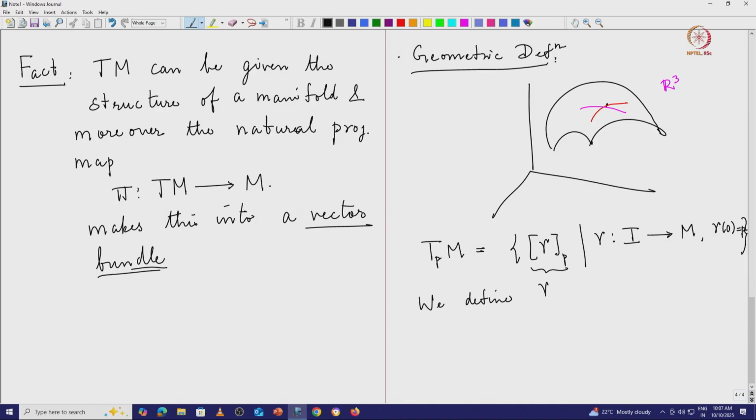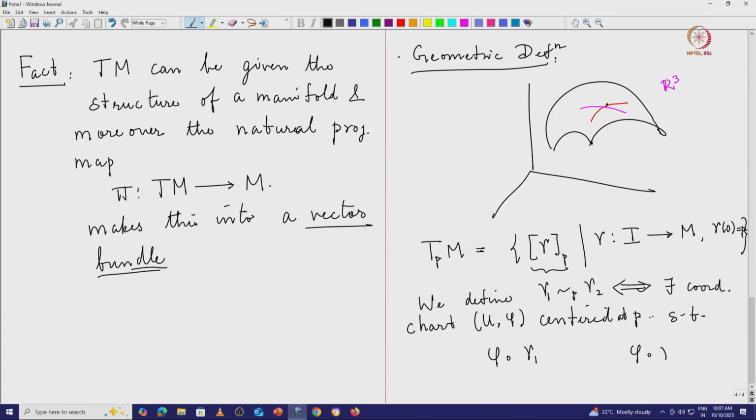let's say, gamma 1 to be equivalent to gamma 2 if and only if there exists a coordinate chart containing the point P, okay, such that there exists a coordinate chart centered, let's do centered at the point P, such that if you take the composition phi composed with gamma 1 and phi composed with gamma 2, both of these are now curves in some open neighborhood in Rn, curves passing through the origin.